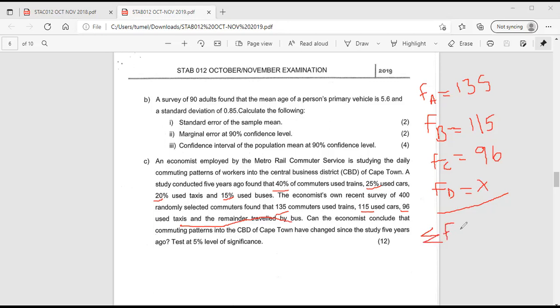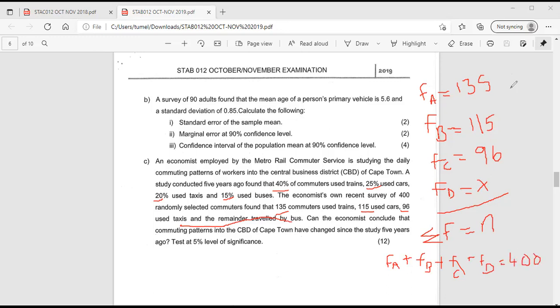Good. And you know then that the sum of frequencies equals N, right? Means that when you add FA with FB, with FC, with FD, you should always get the value of N, which is 400 in our case.